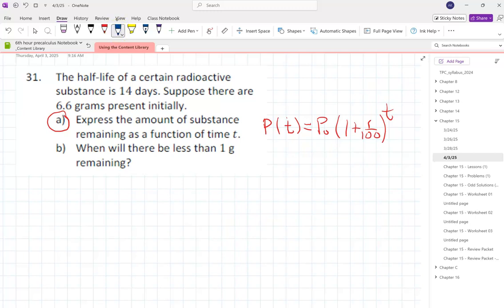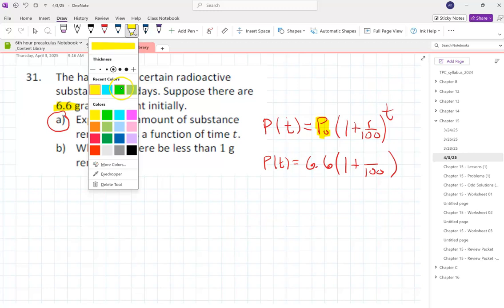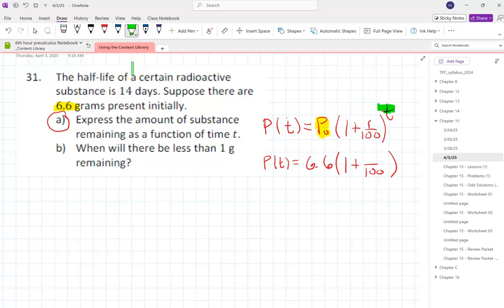I remember that P naught is the initial amount, so that's going to be the 6.6. And I remember that my R has to do with the percent growth or decay.